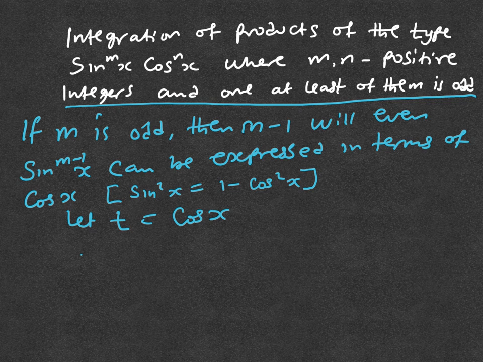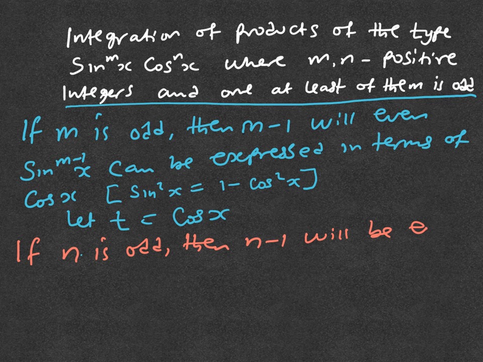Now, what if n is odd? Then n minus 1 will be even, and the cosine this time, not sine, has to be handled first.